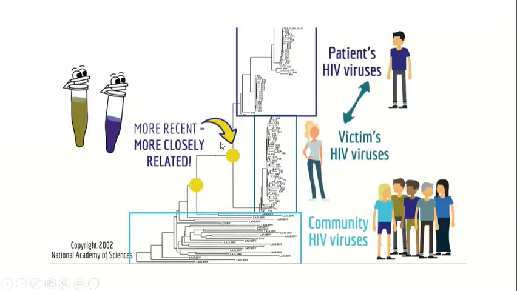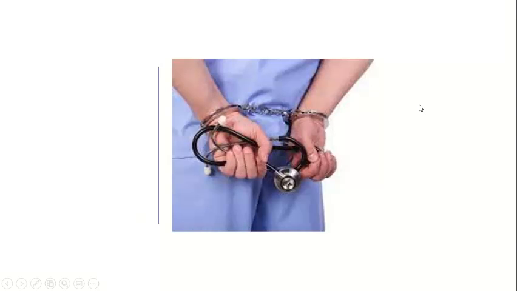So looking at the same common ancestors, we can see that the ancestral virus that gave rise to the virus in the patient and the virus in the victim are more closely related because they branch off from the same common ancestor as compared to the common ancestor that gave rise to the HIV viruses that are present anywhere else in the community, indicating that the virus was exactly put from this patient into the victim. Now this is how phylogenetics was successful in putting a doctor behind bars and giving them an indication not to use their power ruthlessly.